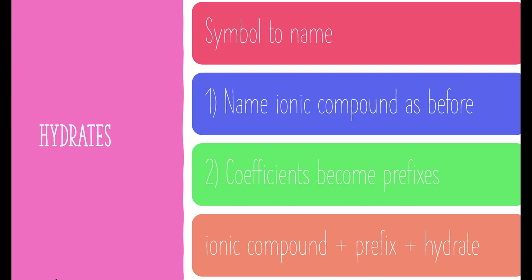Find a nonmetal, drop the ending and add IDE, or if it's a polyatomic, write the name as is. For the hydrate compound, we will use coefficients that will become prefixes. The prefixes are the same as what we learned in covalent bonding. So the general format is ionic compound, your prefix from covalent, plus hydrate.